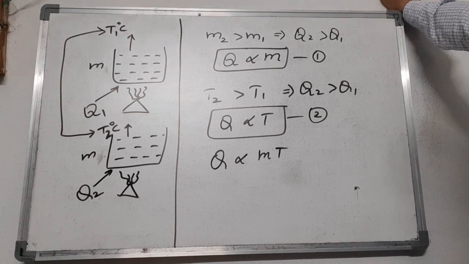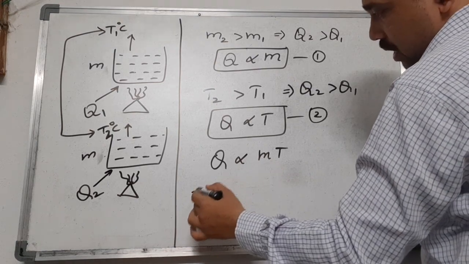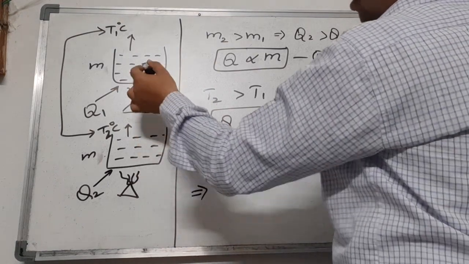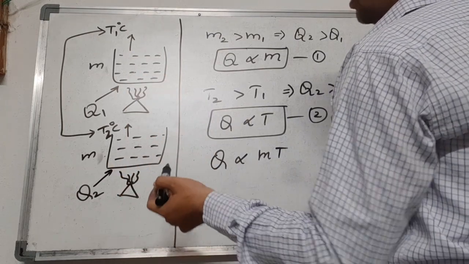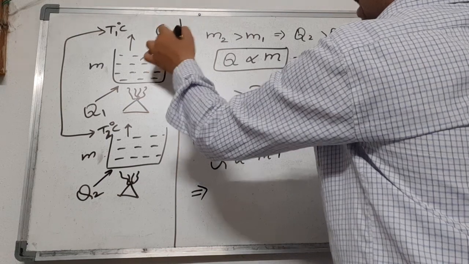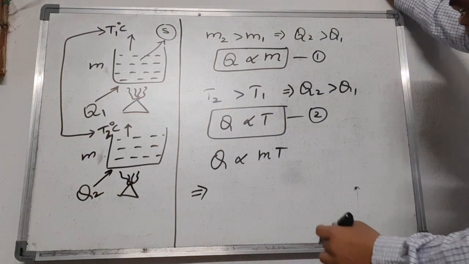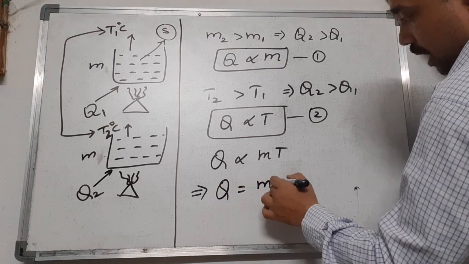Okay, and I want to remove this proportionality constant. So what is constant in all the cases, in both the experiments? The specific heat of a substance is constant. Yes, I am taking it as the specific heat. So that is nothing but Q is equal to m s t.